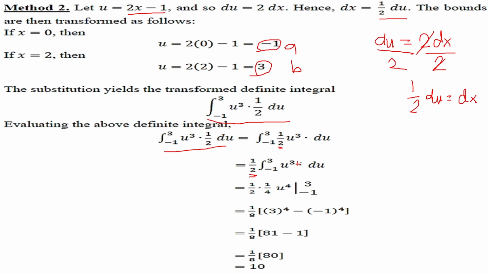It will be 1/4 u^4, or 1/2 times 1/4 u^4. This is also possible. It can also be written as 1/2 times u^4 over 4. It can also be like this. Then the vertical bar notation from -1 to 3.